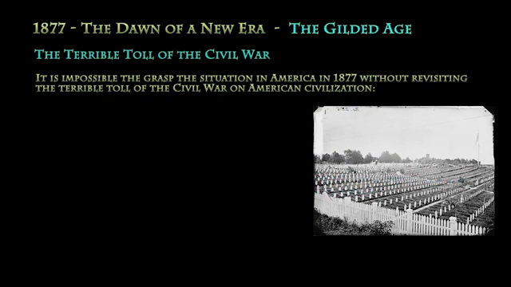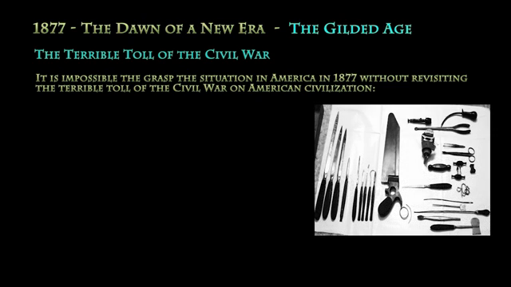It is impossible to grasp the situation in America in 1877 without revisiting the terrible toll of the Civil War on American civilization. Please take a few moments to carefully consider these unimaginable casualty figures from the Civil War.